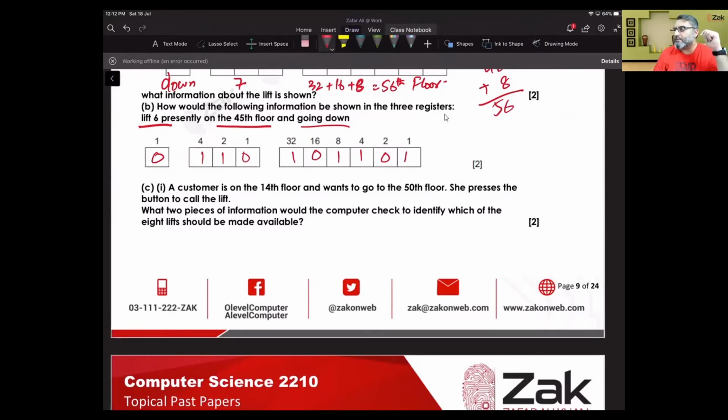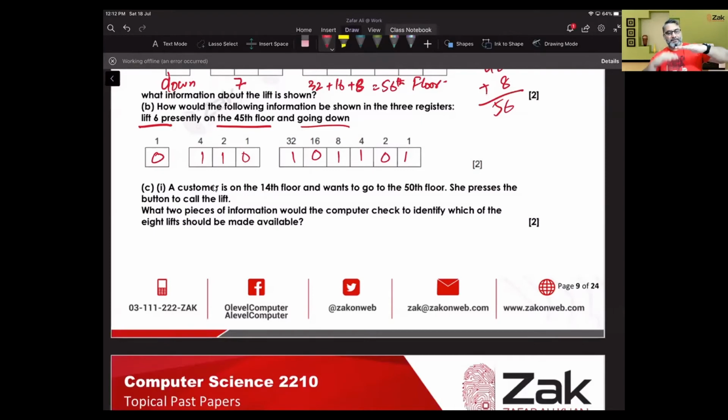All right. So which 2 pieces means हम इस वक्त किस फ्लोर पे हैं और लिफ्ट जो है वो नीचे जा रही है या ऊपर जा रही है. 2 pieces of information that will be necessary for any lift to arrive at the 14th floor at which we are present. Either the lift is going up.